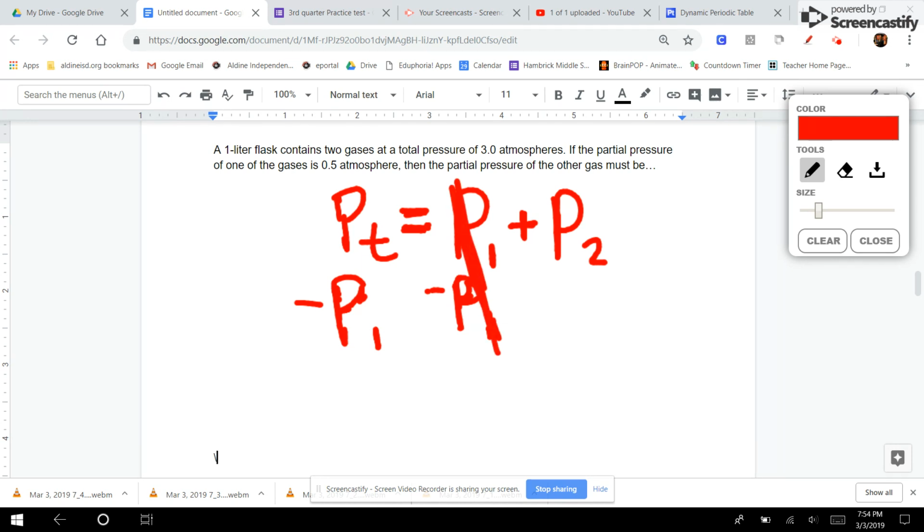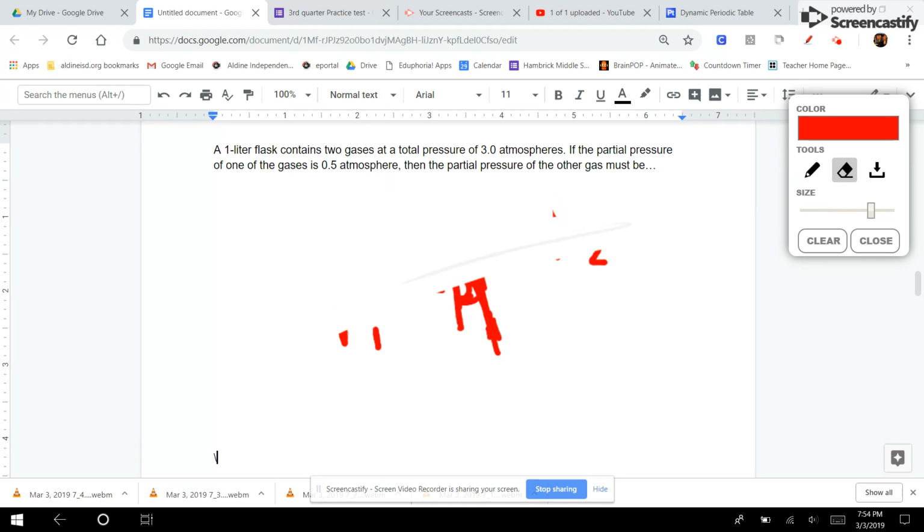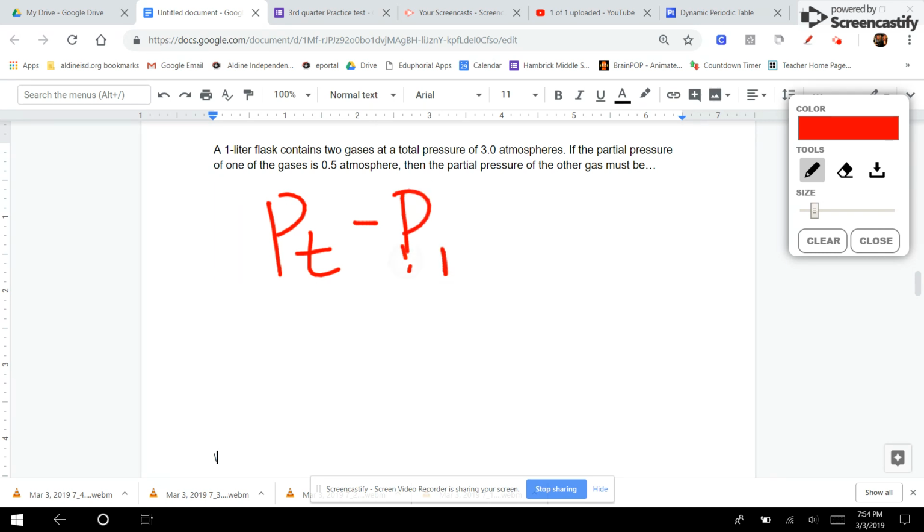Okay, so let me clean this up a little bit for you so that it makes better sense. After I isolated P2, my new formula is PT minus P1 is going to give me my P2. Okay, so my total pressure from the question was 3 atmospheres.